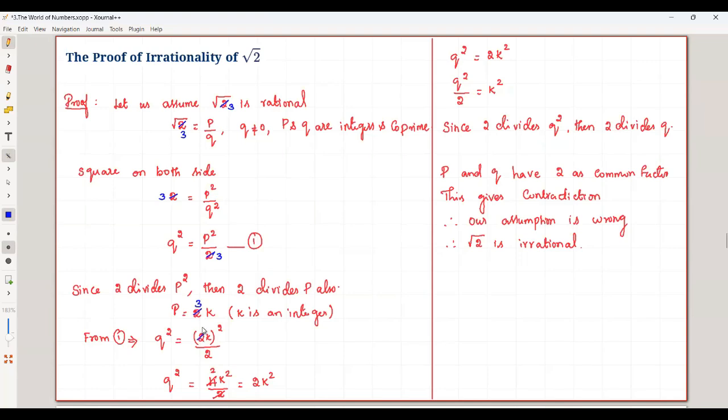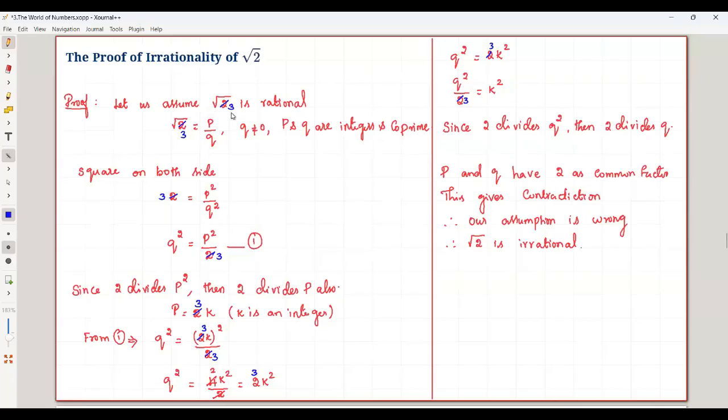Now if you square, this becomes 9k square, and again 3 divides q square. Therefore, 3 divides q also. Now p and q have 3 as a common factor, more than 1 common factor. This gives a contradiction.